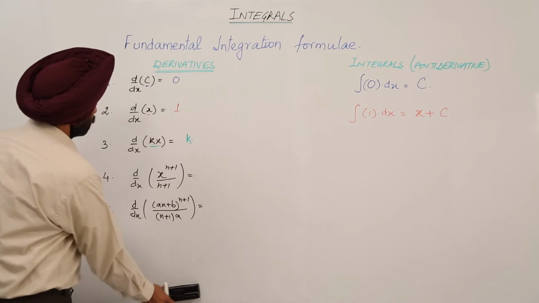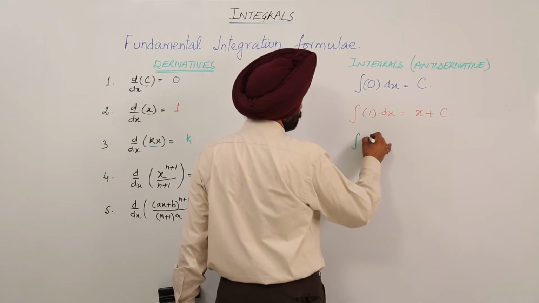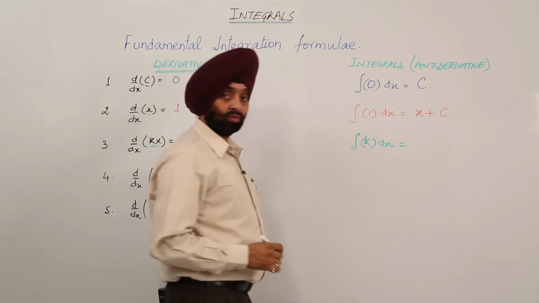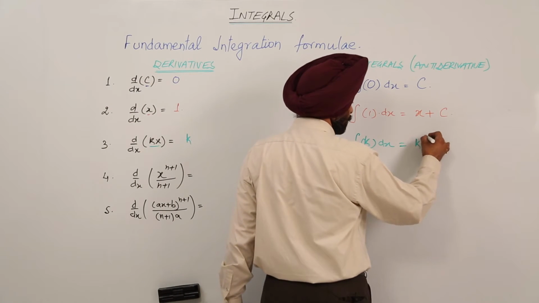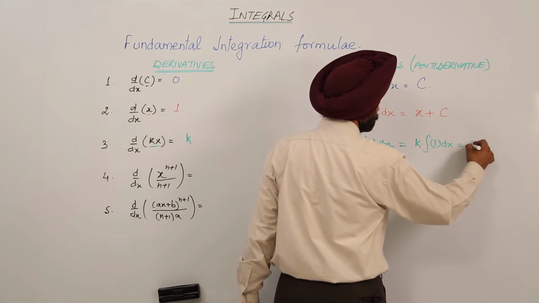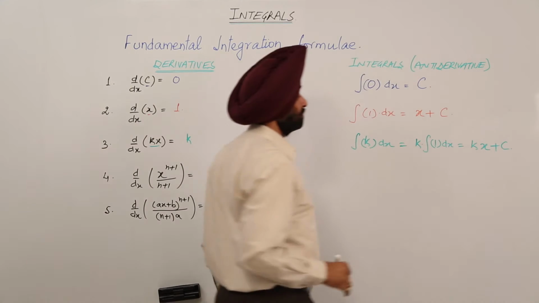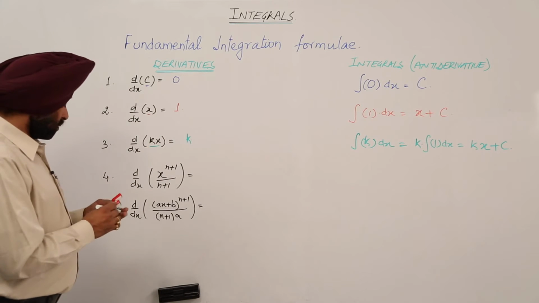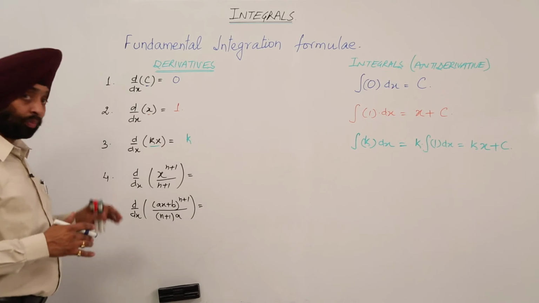Now for the integration of k dx, we write k times the integration of 1 dx, and this is equal to kx plus c.